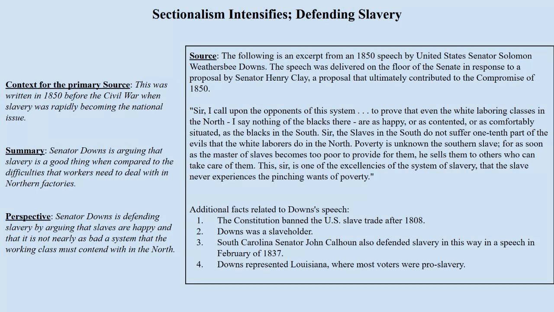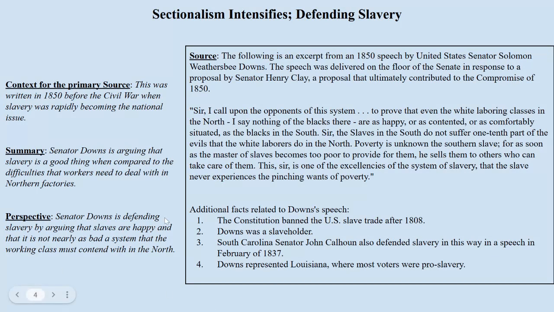Sir, the slaves in the South do not suffer one-tenth part of the evils the white laborers in the North do. Poverty is unknown to the Southern slave, for as soon as the master of his slaves becomes too poor to provide for them, he sells them to others who can take care of them. This, sir, is one of the excellencies of the system of slavery, that the slave never experiences the pinching wants of poverty." It's kind of messed up when you think about it.